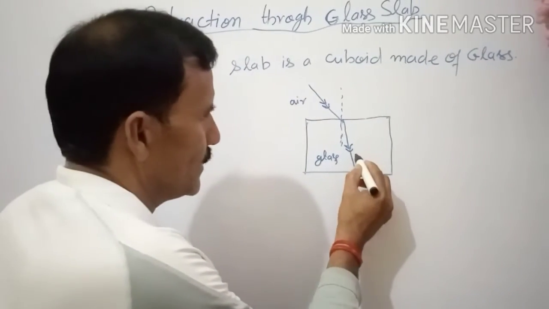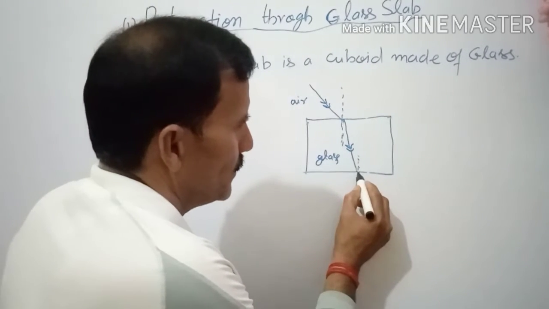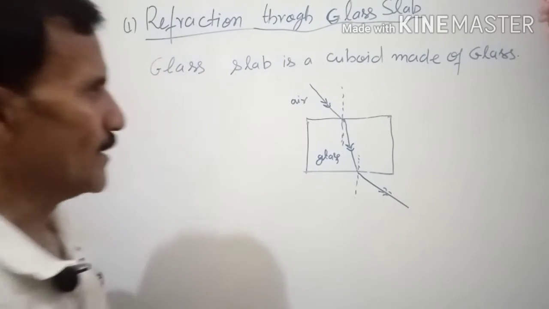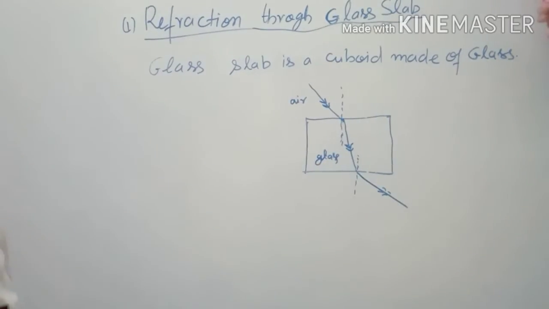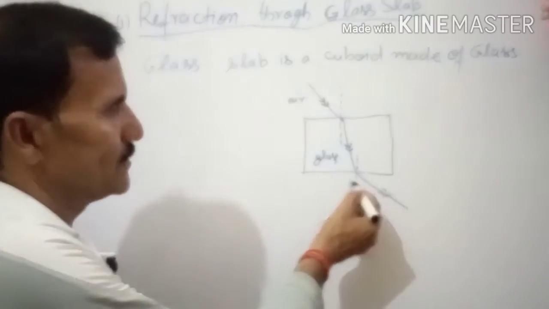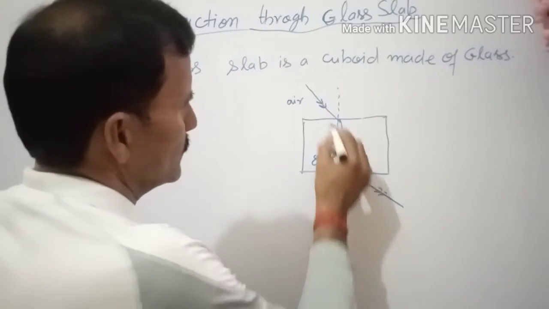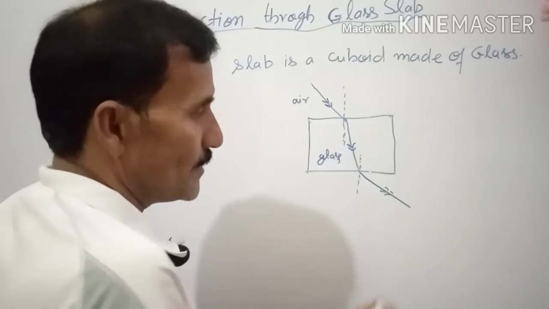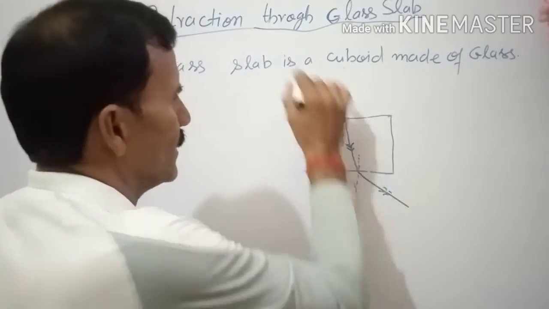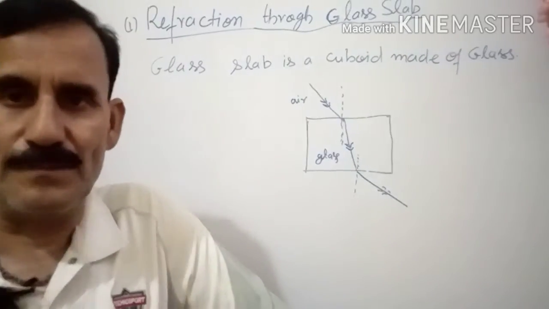Now here again there will be refraction. So you are moving away from the normal, and you are getting the light ray like this. Here the angle of incidence is different, and here it is different, but in the end, since light rays are reversible, when you reverse the direction, the path will be the same.